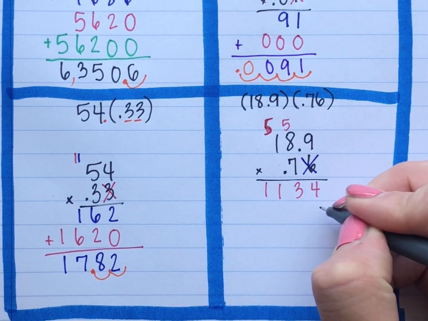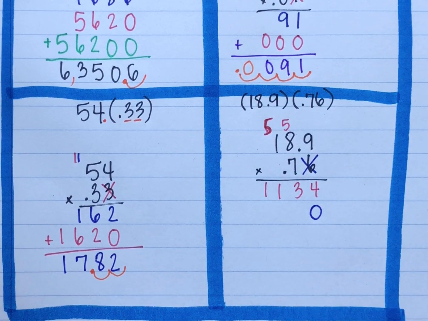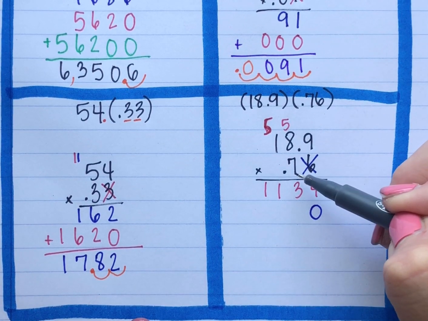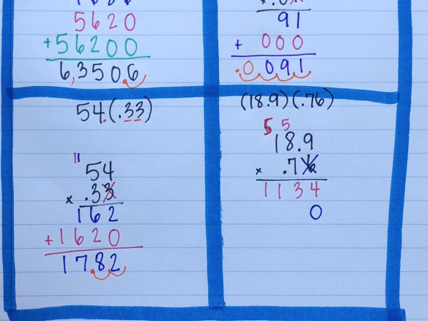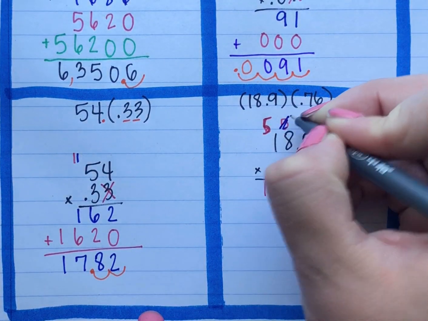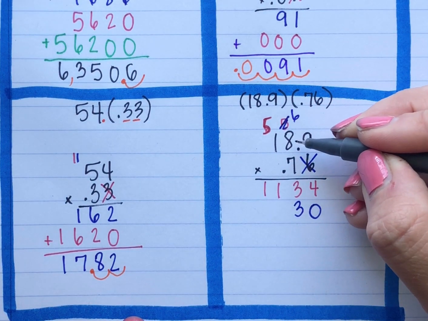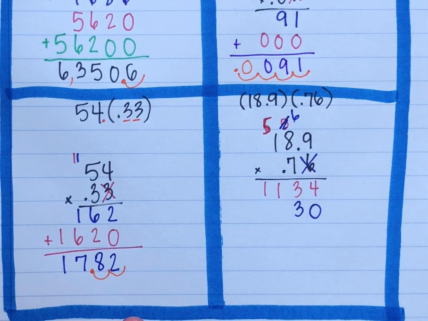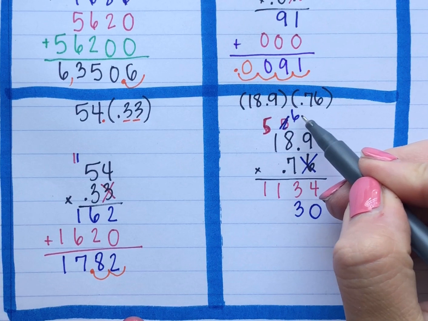So the next thing we're going to do is there's a 0 there because we're moving to the tens place. So 7 times 9 is 63. 7 times 8 is 56, plus another 6.